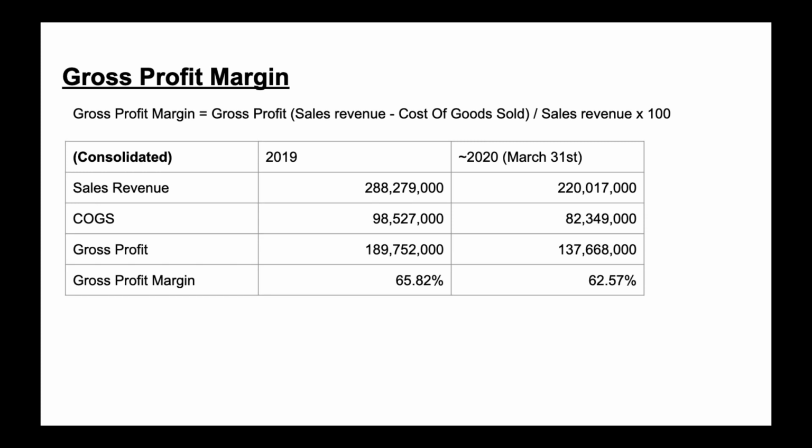As you can see, between 2019 and 2020, there was a roughly 3% drop in gross profit margin, meaning that the sales has substantially decreased since After you sells a big amount of product.